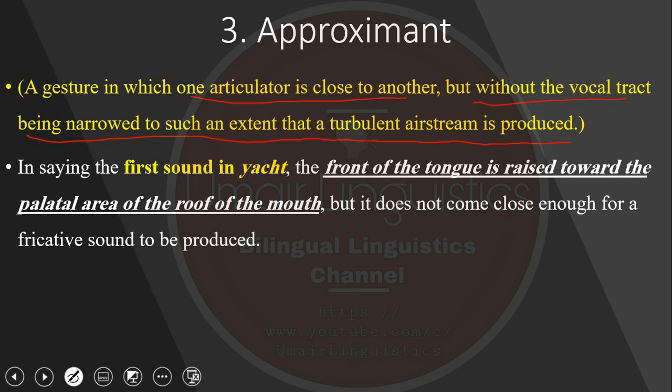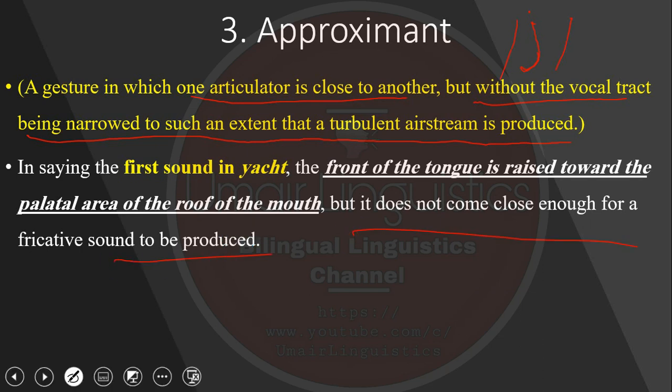For example, in saying the first sound in yacht, which has this symbol. The front of the tongue is raised, as you can notice, toward the palatal area of the roof of the mouth when we say y, but it does not come close enough for a fricative sound to be produced.